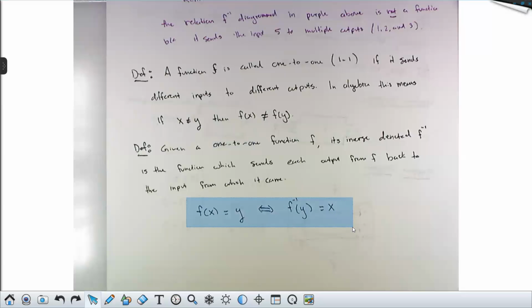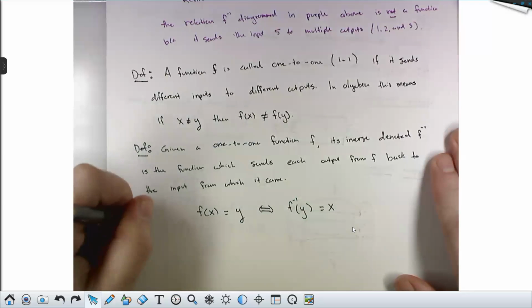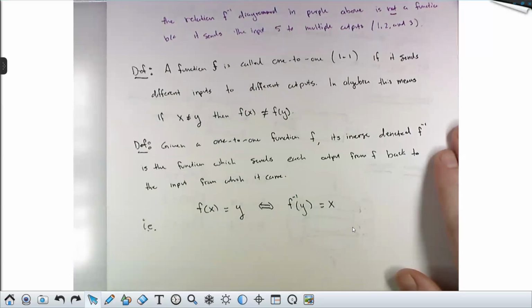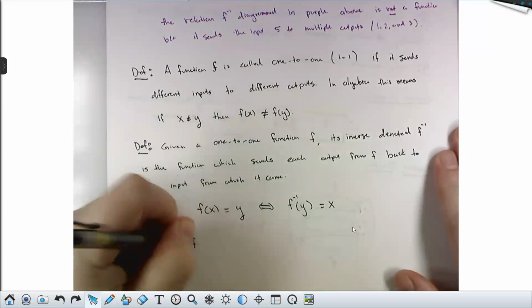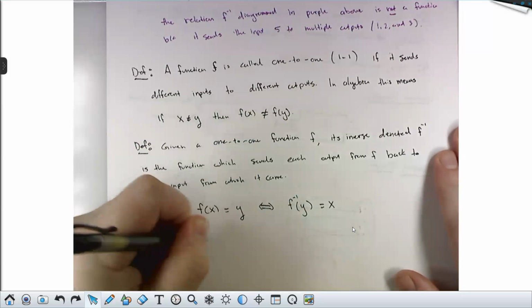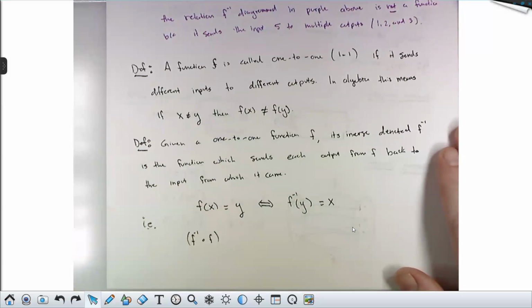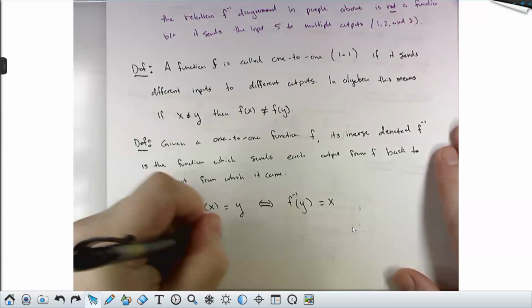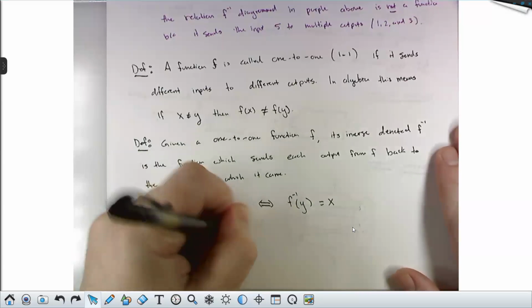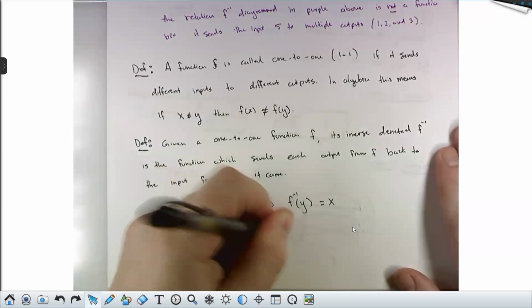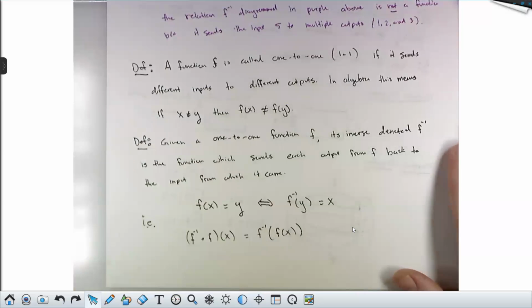Now there is another way to say this. And this is the definition that most people receive when they first see this stuff. It's that if you compose, this is why we talk about combining functions before we do this. If you compose f with its inverse, meaning you take f inverse of f of x, what should this be?